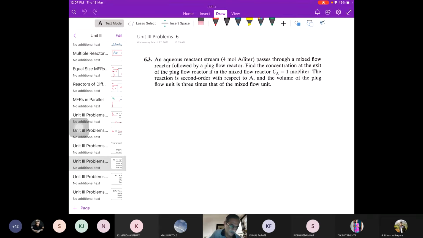So we are going to do this problem. A mixed flow reactor, and we have feed coming in. Concentration is given as 4 moles per liter. And the Ca is given as 1 mole per liter.